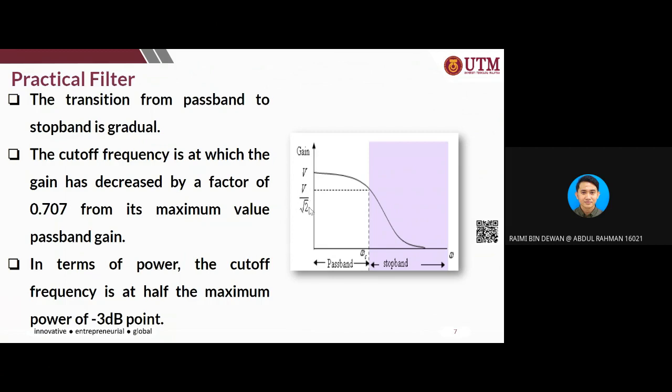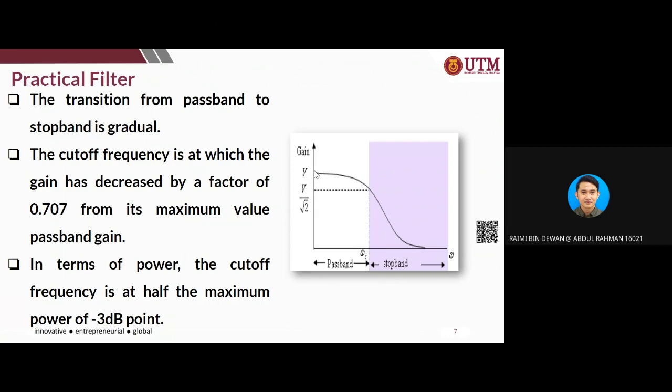This one you can convert to dB scale: 20 log of 1 over square root of 2. So in dB scale, it is negative 3 dB, a drop from 0 to negative 3 dB.